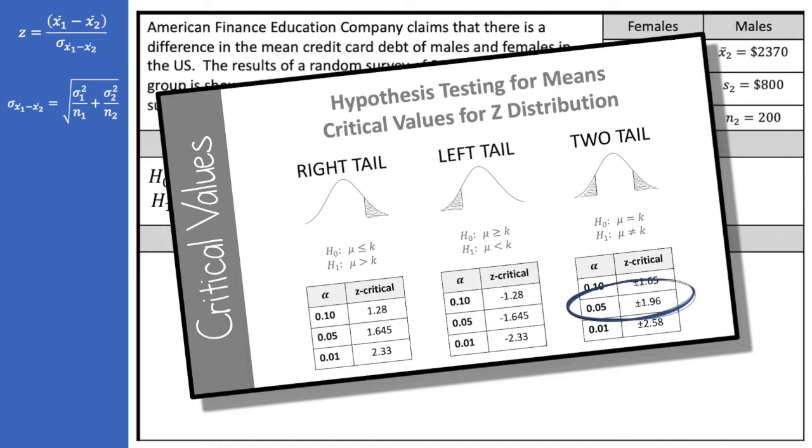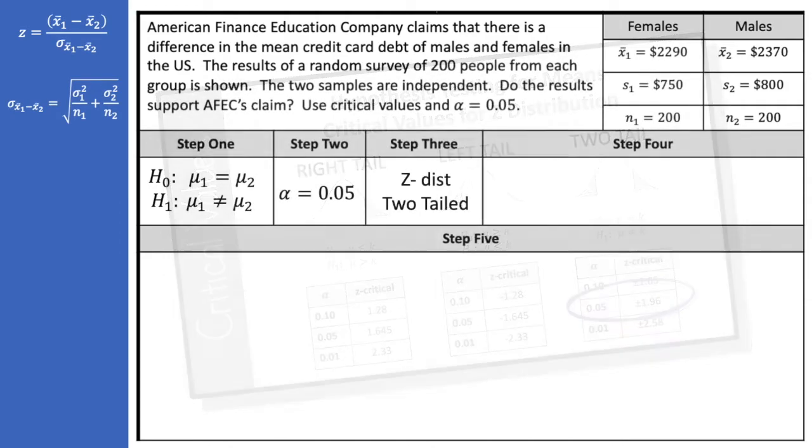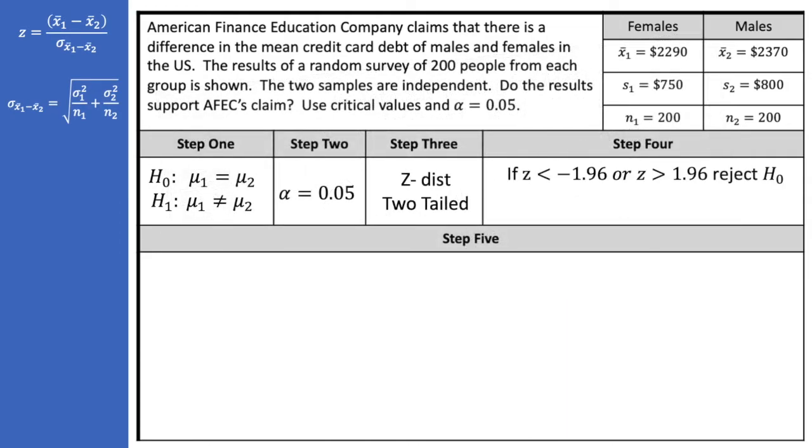So our critical value is plus or minus 1.96, and we can put that into our decision rule the same way we did for the one sample hypothesis test. If z is less than negative 1.96 or z is greater than 1.96, we'll reject the null. However, if z is between positive and negative 1.96, we'll fail to reject the null.